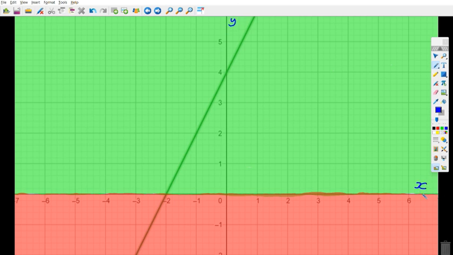Above my x-axis would be on top, so it's this whole green area over here. Can you see that there's a point where my graph cuts my x-axis and splits the plane into two parts, the green part and the red part? Can you guys all see that?